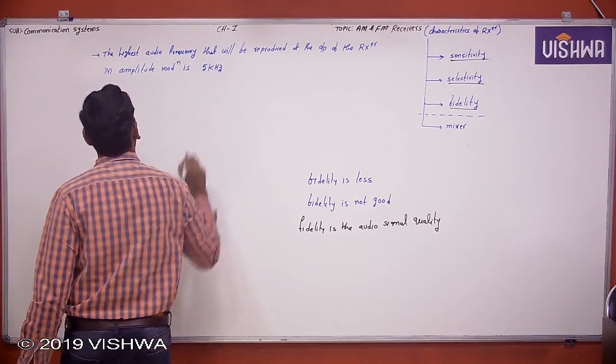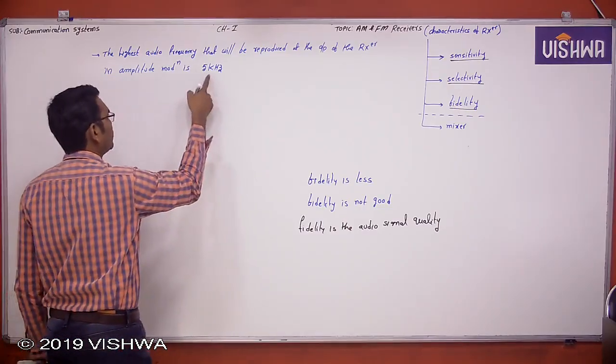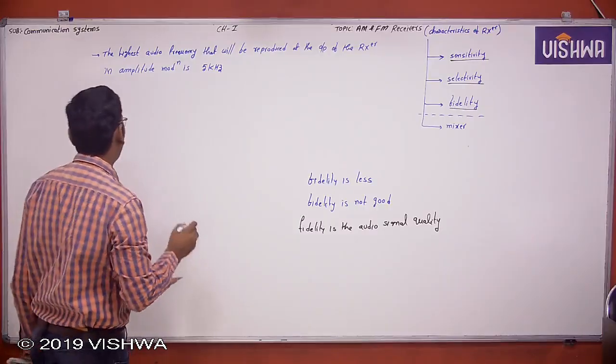The highest audio frequency that will be reproduced at the output of the receiver in amplitude modulation is only 5 kHz. Okay, but what is audio signal component?